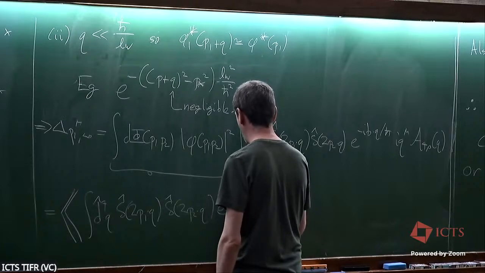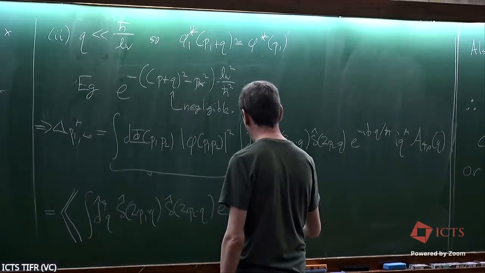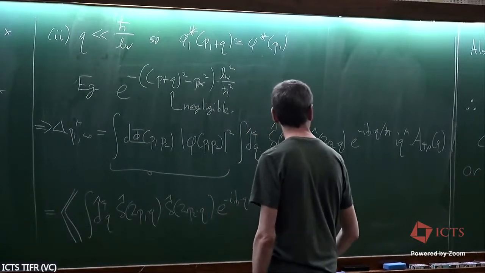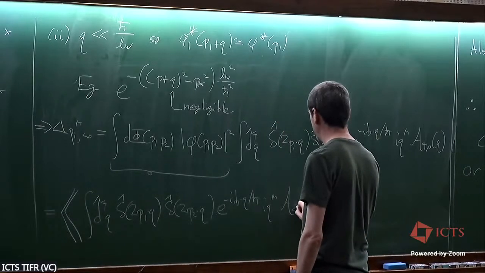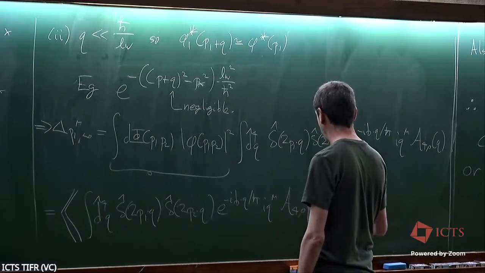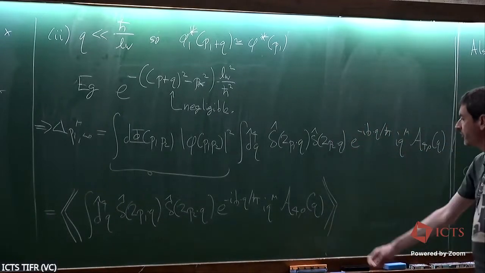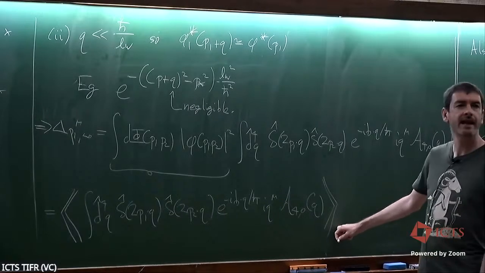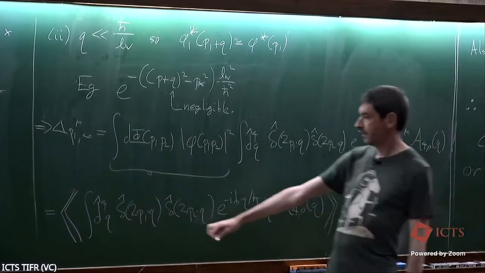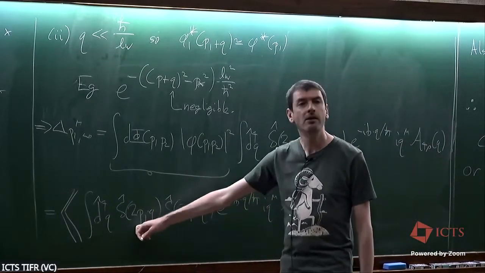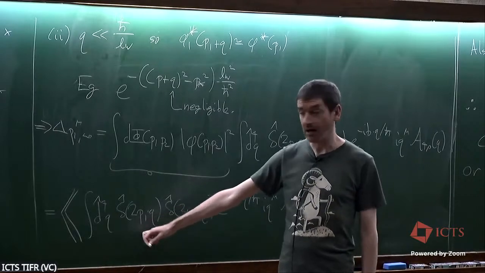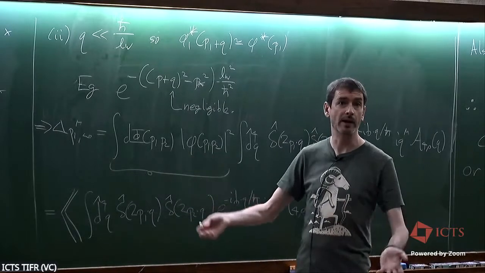E to the minus i b dot q over h bar, i q mu. The job of these angle brackets is to tell you that these momenta now are the central value of the wave packet, so the classical momentum.